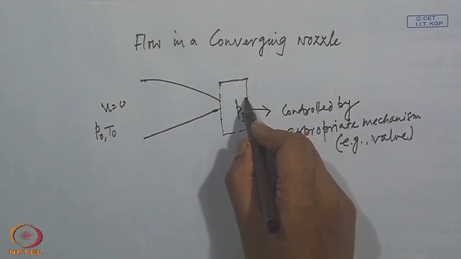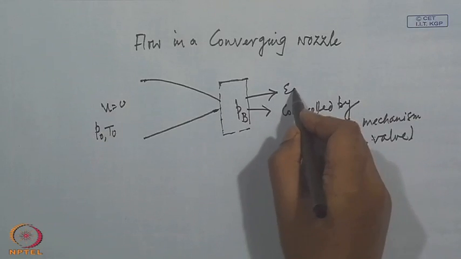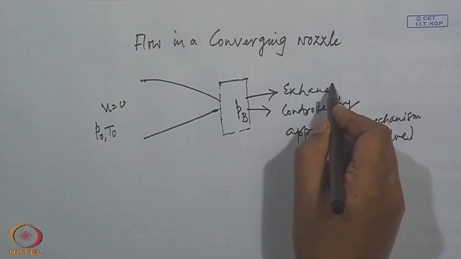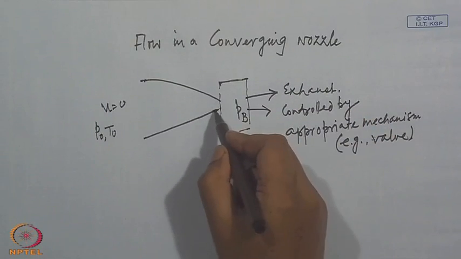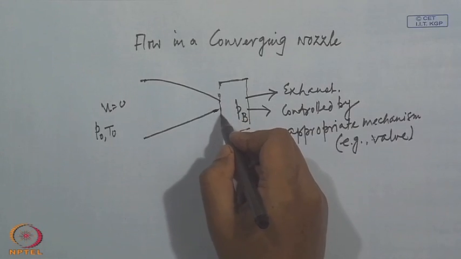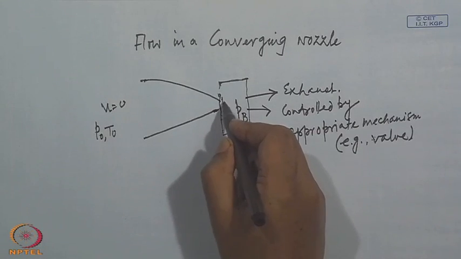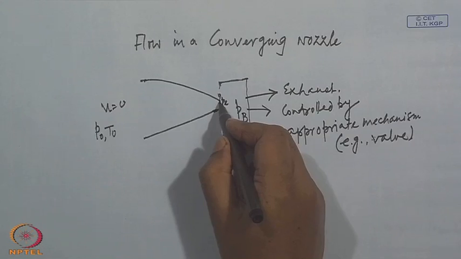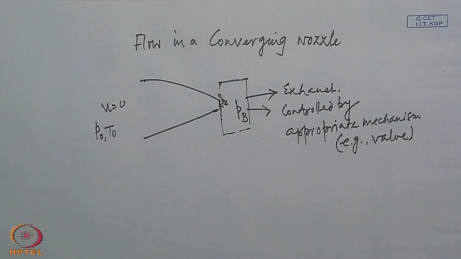And then the flow is going out through the exhaust. The pressure at the exit plane we will denote as P e, that is the pressure on the exit plane.